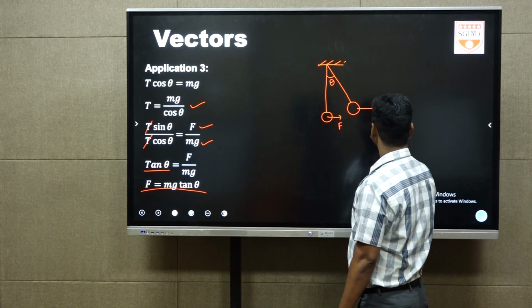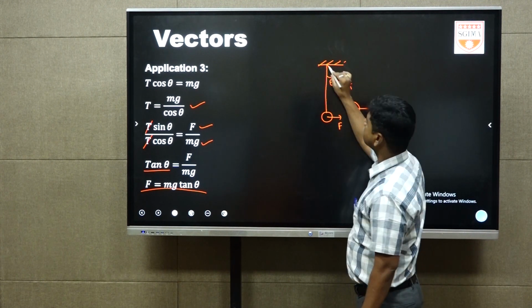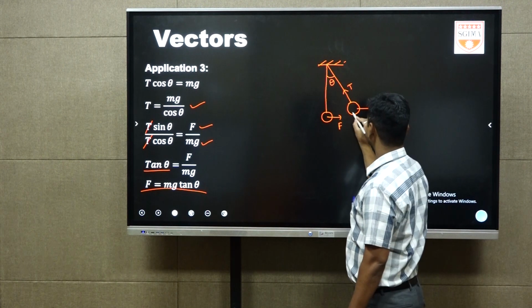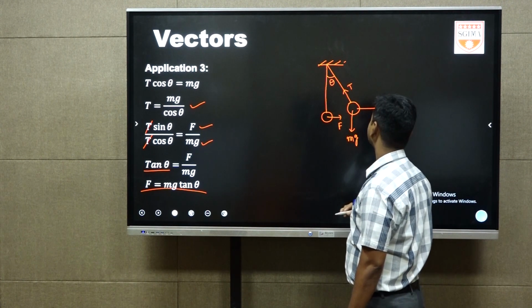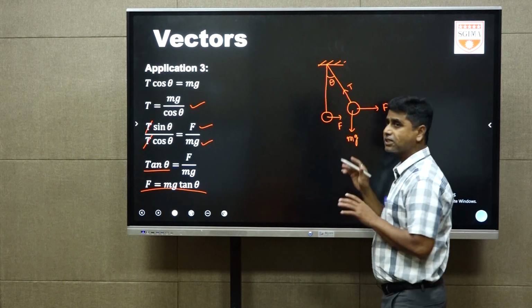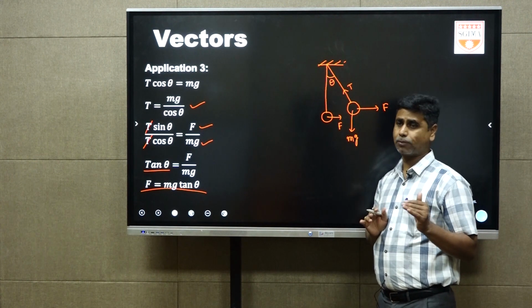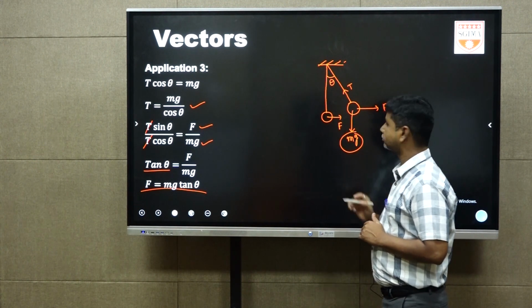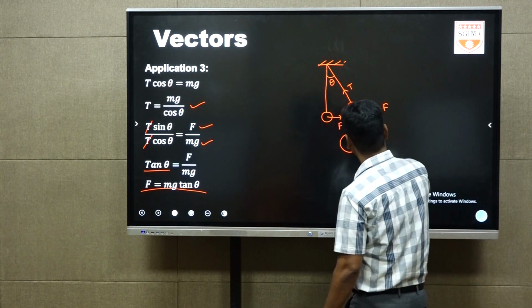Now here a force is applied. Here a tension is acting. Tension always acts towards the point of suspension. Weight acts in the downward direction, mg. In the previous case the tension was resolved, but in this case I will show the resolution of the weight. How to resolve the weight?